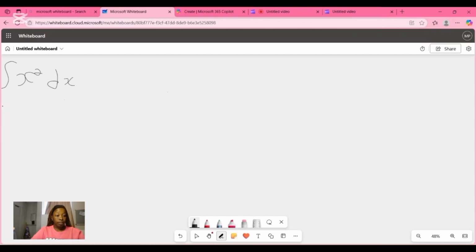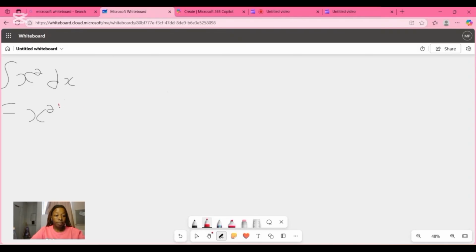Solving this integral, we're going to have equals x to the power. When you're doing integration, you add 1 when you're integrating.